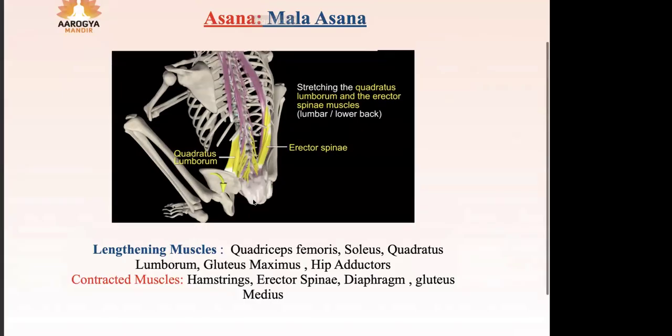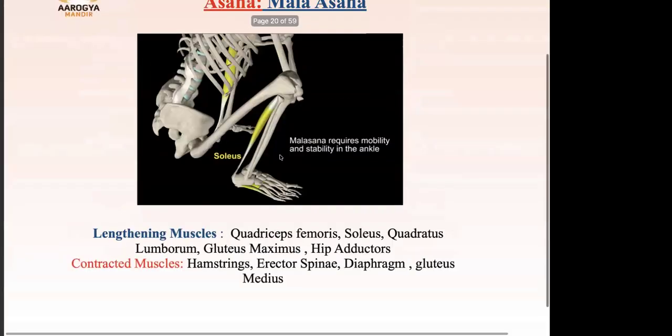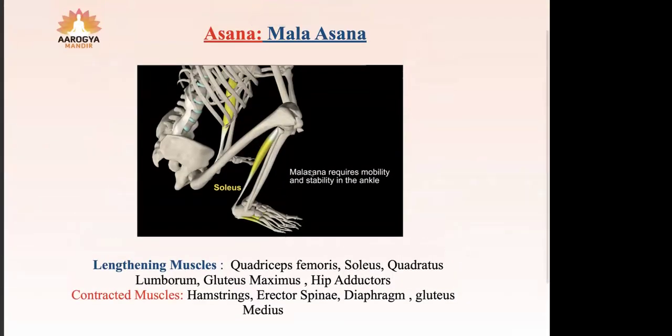You can clearly see over here, some part of the erector spinae getting stretched and some part is getting contracted. So the recommendation is to practice this posture regularly. You can see it also requires good ankle mobility. So if you want to improve your Malasana, then you need to practice ankle rotation every day, 10 clockwise and 10 anti-clockwise.